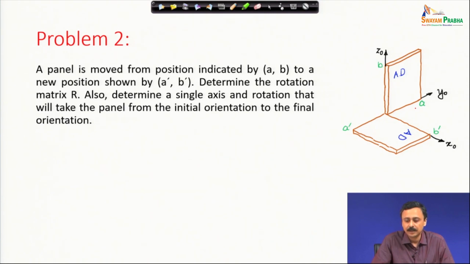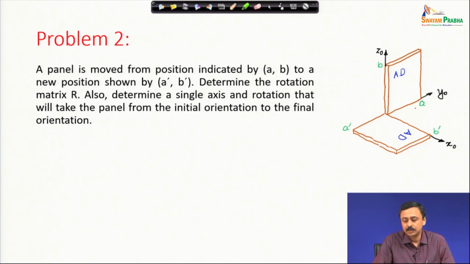Determine the rotation matrix R, this is the first. Also determine a single axis and rotation that will take the panel from the initial orientation to the final orientation.